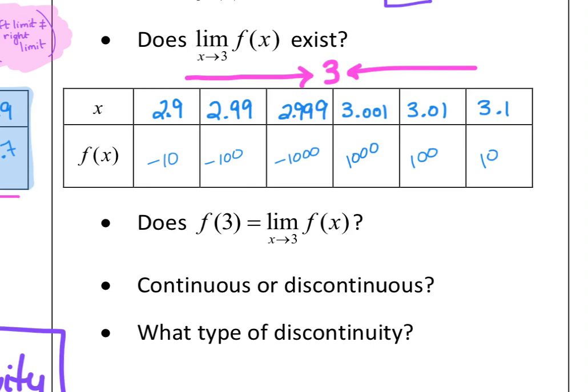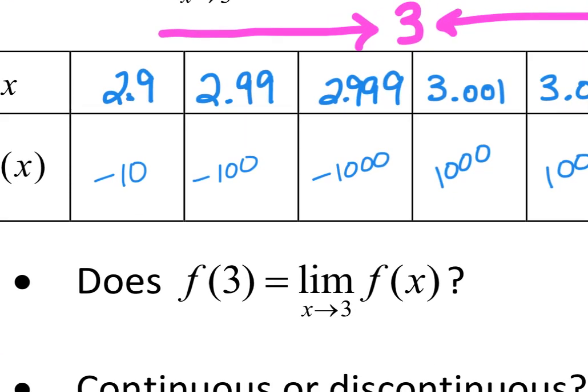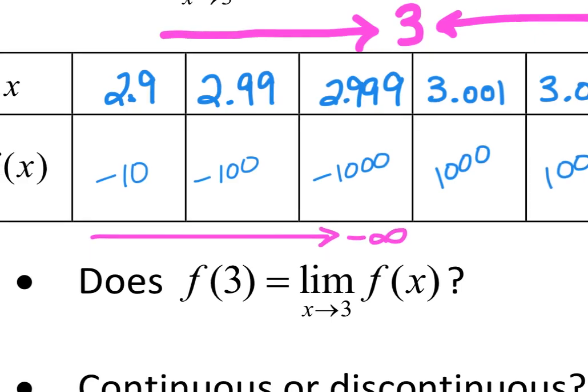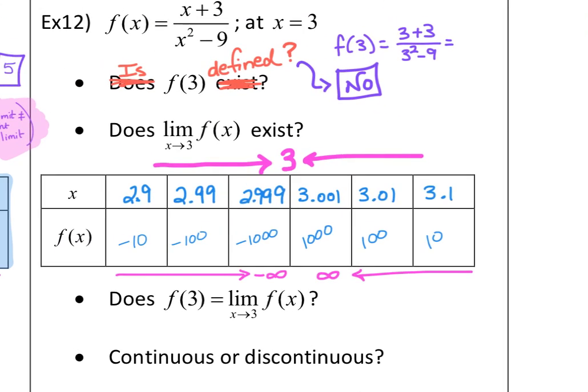So these are the y values that you should have gotten, and remember that when the numbers get real big like that, that means that the limit is going to infinity. So as the x values approach 3 from the left, the limit approaches negative infinity, and as the x values approach positive 3 from the right, the y values approach positive infinity, and that indicates that there's an asymptote at x equals 3.